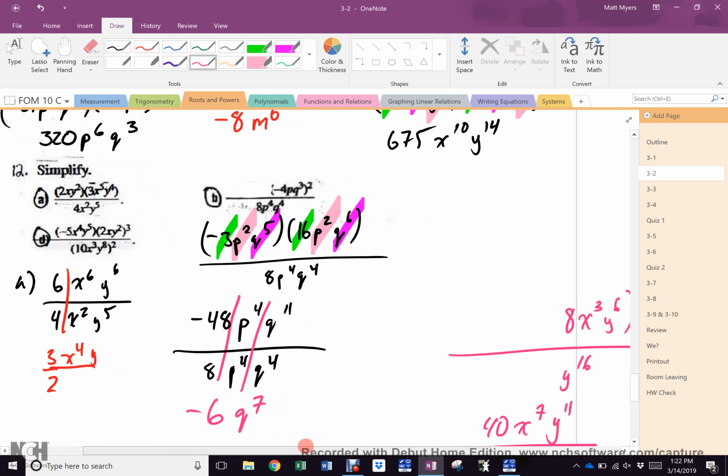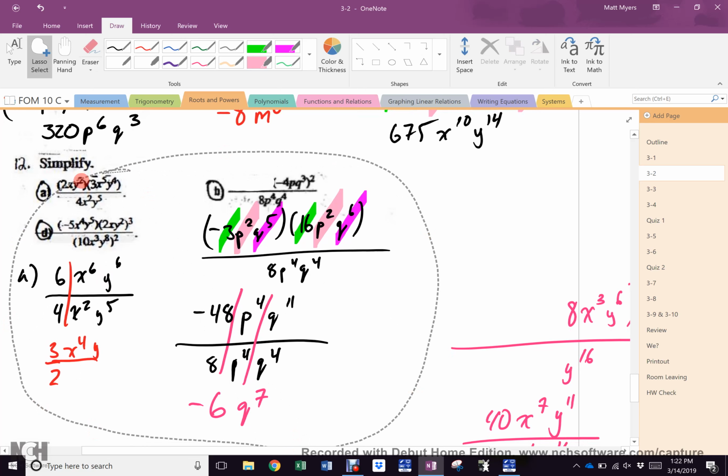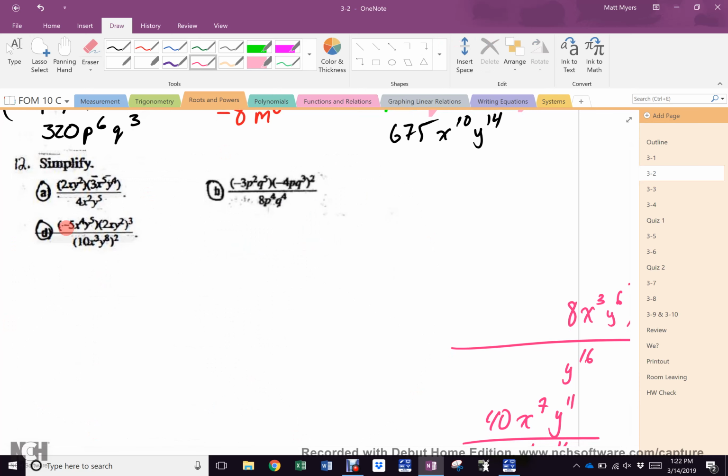And then D, which I'm going to erase A so I can work right below D. Where should I start? Well, I would probably start here because there's a 3 out there. So I'm going to stop thinking about that, and I'm just going to deal with that. What is 2 cubed? 8.